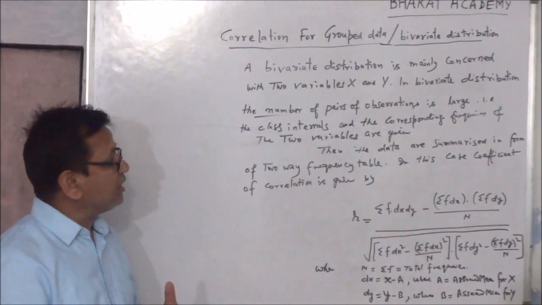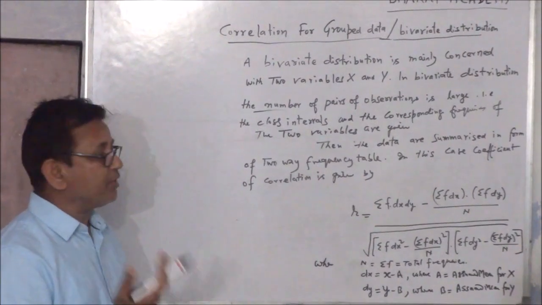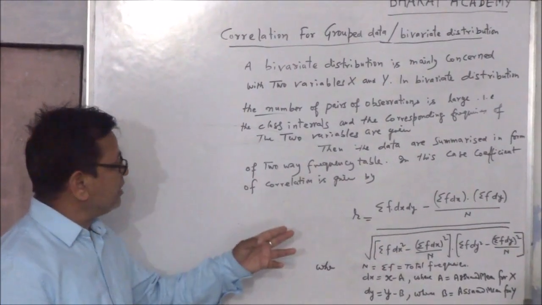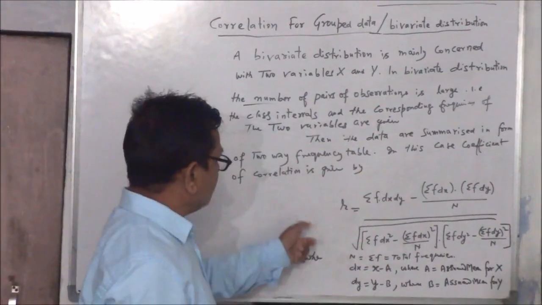Then the whole data are summarized in the form of a two-way frequency table, and in this case the coefficient of correlation is given by this formula. Let me explain it.